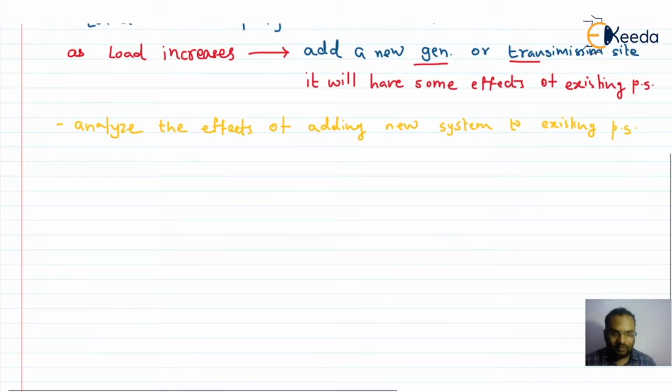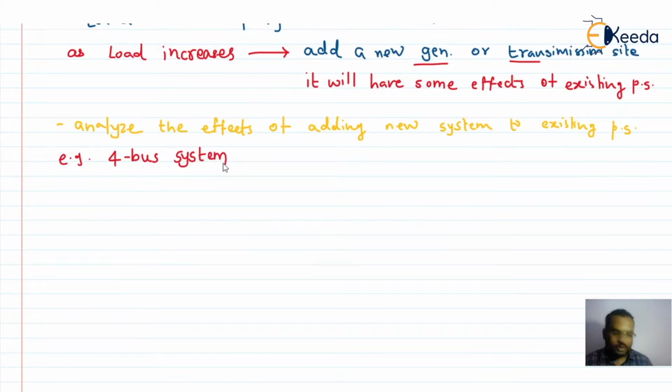For that I'll take a very simple example. Let us consider a four bus system. I'll draw that system here.